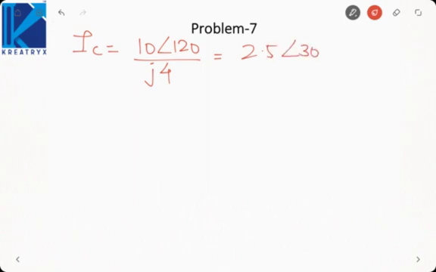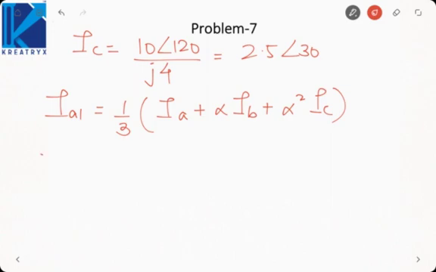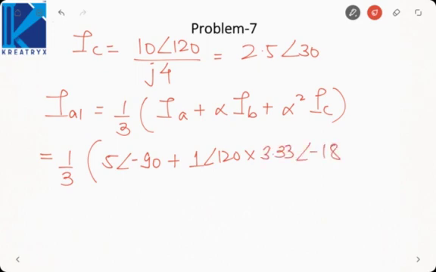Now to determine the positive sequence component IA1, it will be 1 by 3 (IA plus alpha IB plus alpha square IC). That is 1 by 3 (5 angle minus 90, plus 1 angle 120 times 3.33 angle minus 180, plus 1 angle 240 times 2.5 angle 30).